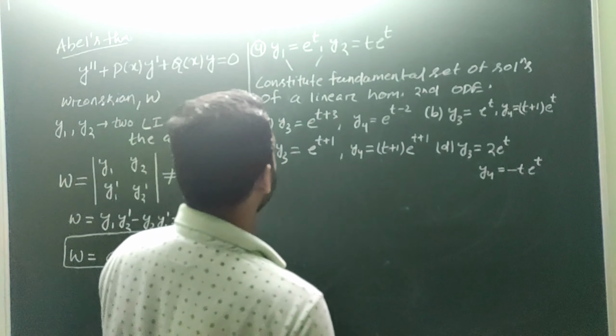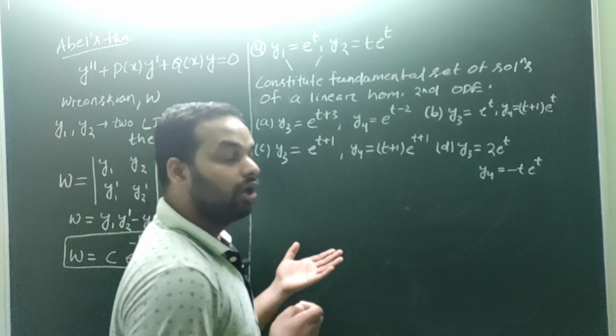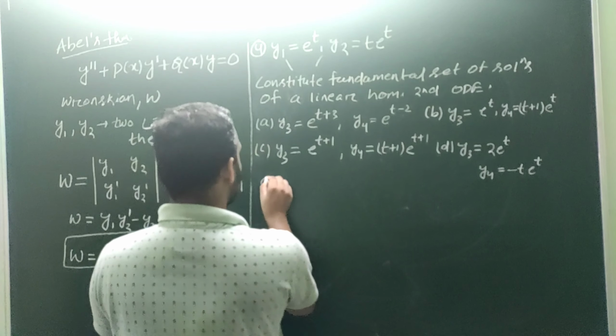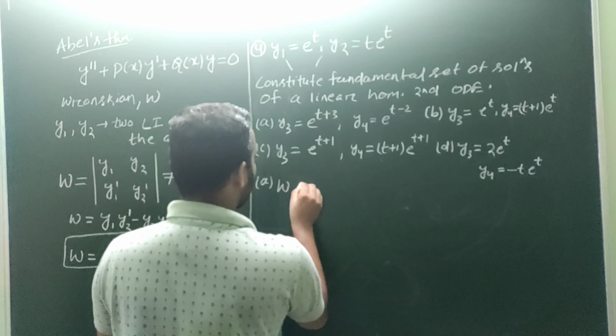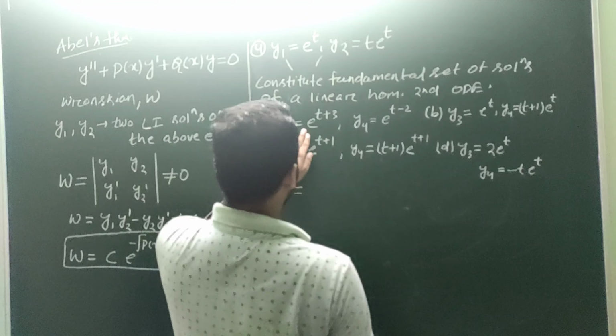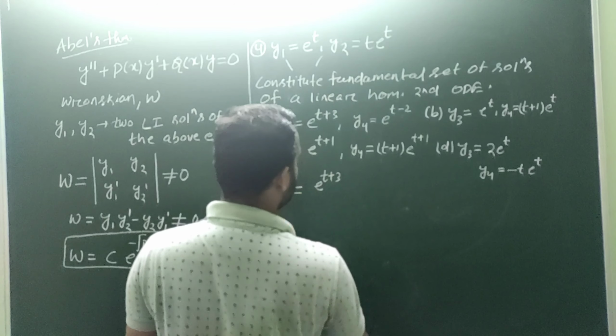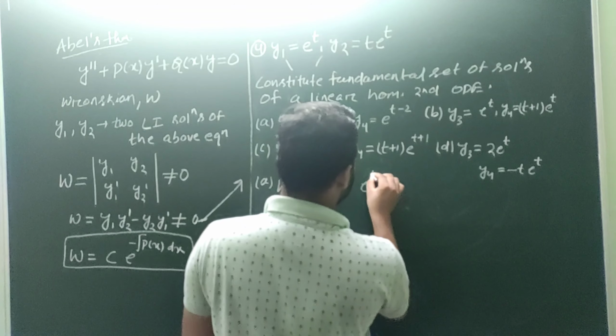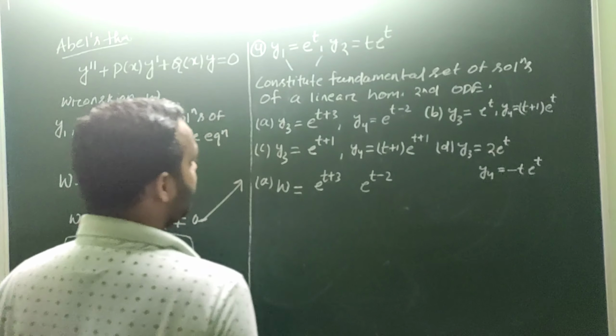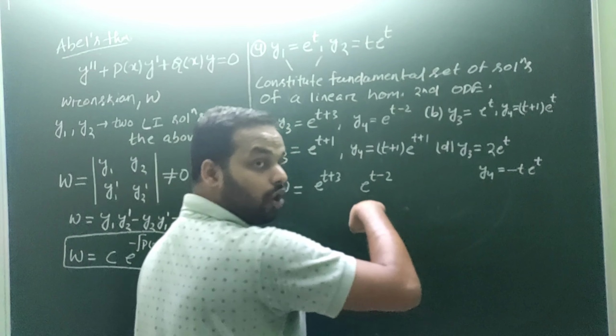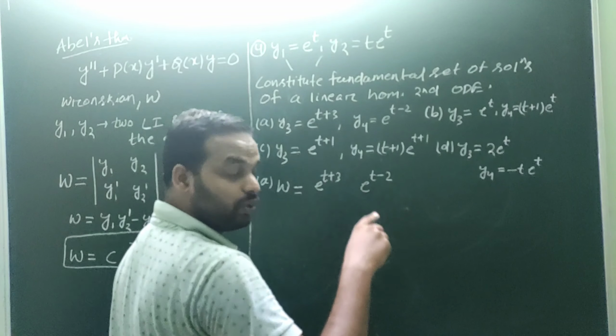Let's take the first option and find the Wronskian value. For option A, W is equal to the determinant with y3, e to the power t plus 3, and y4, e to the power t minus 2. Then we take the derivatives of both solutions with respect to t.